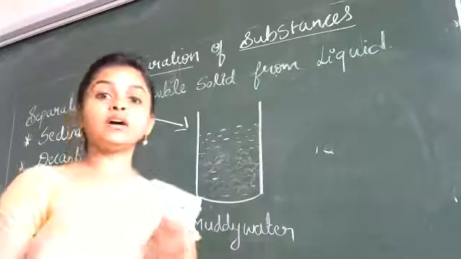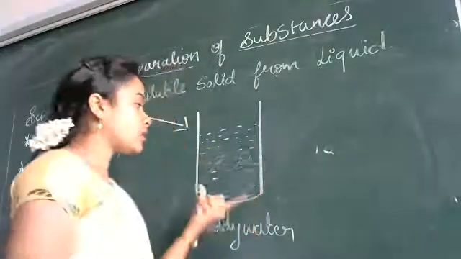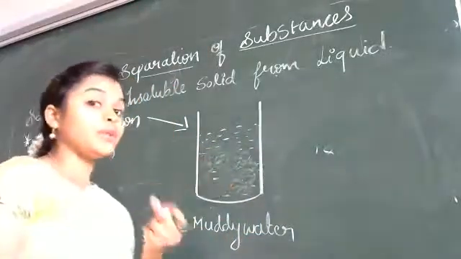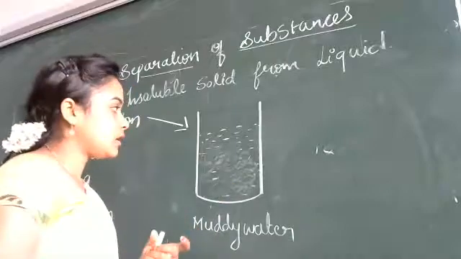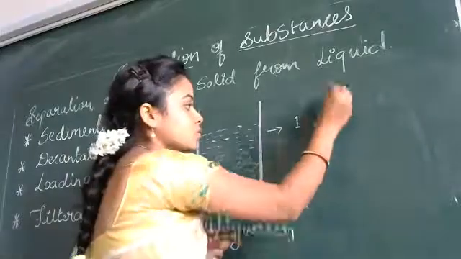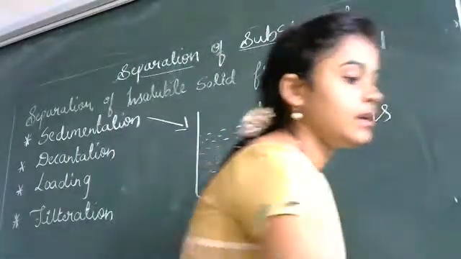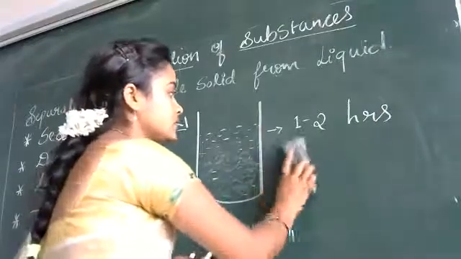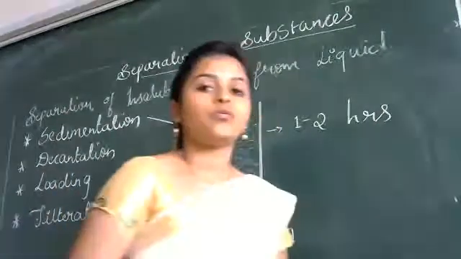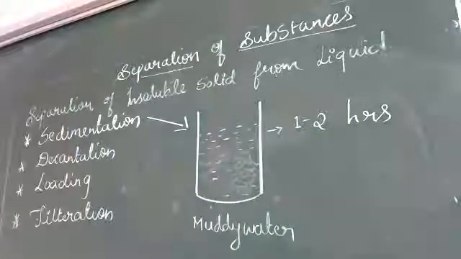The water which is mixed with mud or soil. So that water I am going to add in this pure water. Now I will leave this beaker for 1 to 2 hours. For 1 to 2 hours I kept that beaker as it is.